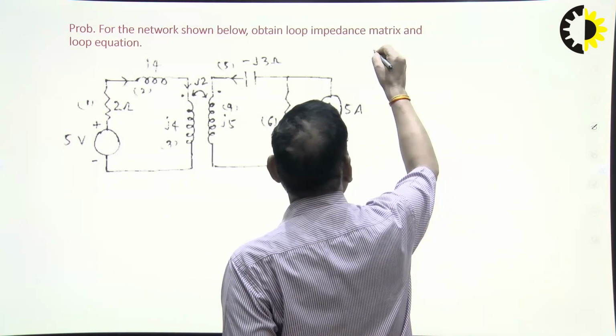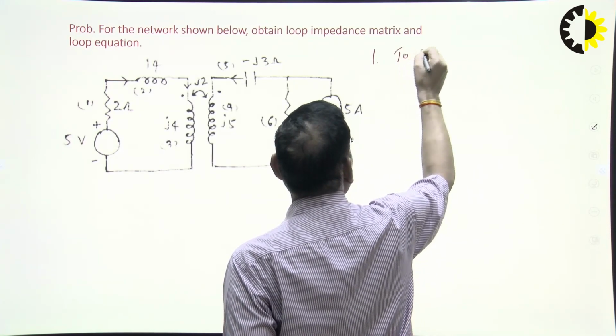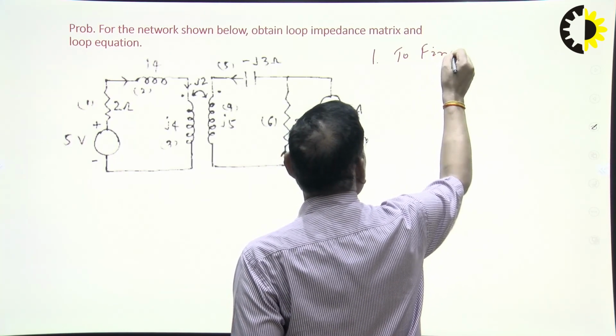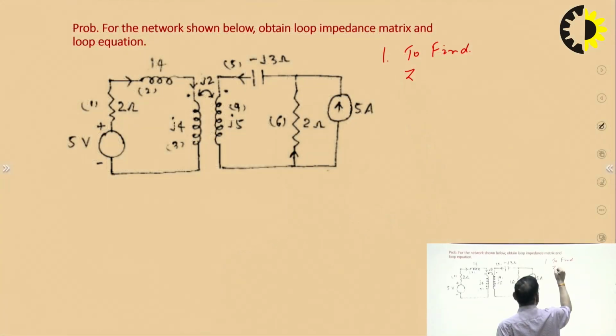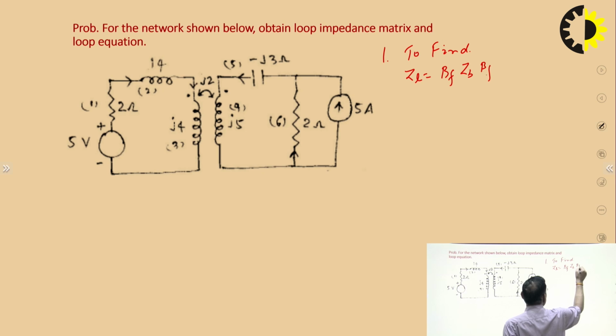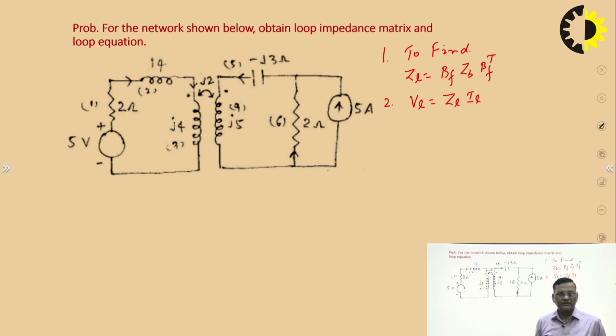One is to find ZL is equal to BF ZB BF transpose, where BF is the tie-set matrix, and second is VL is equal to ZL IL, where the same symbols have their usual meaning. We have already explained how we get these expressions in the previous video lecture.